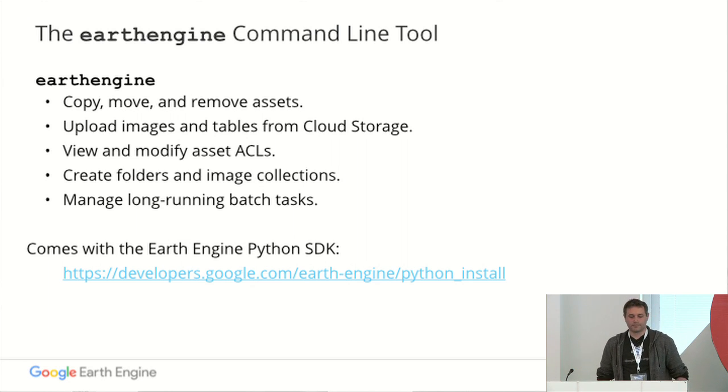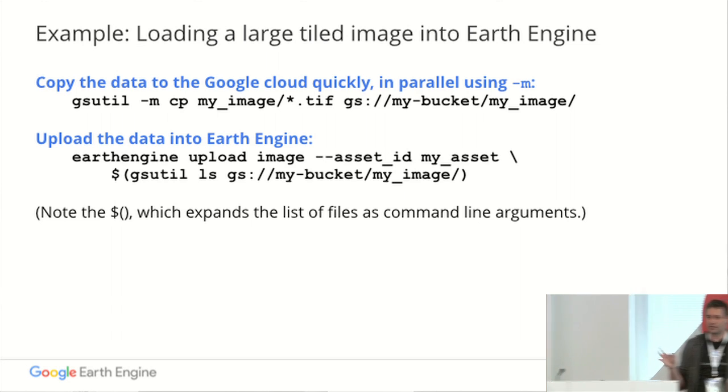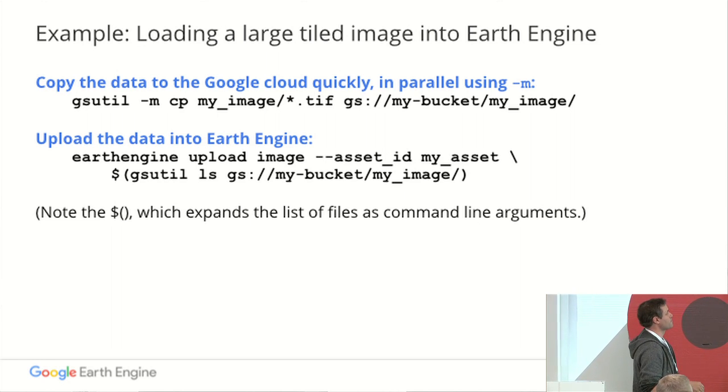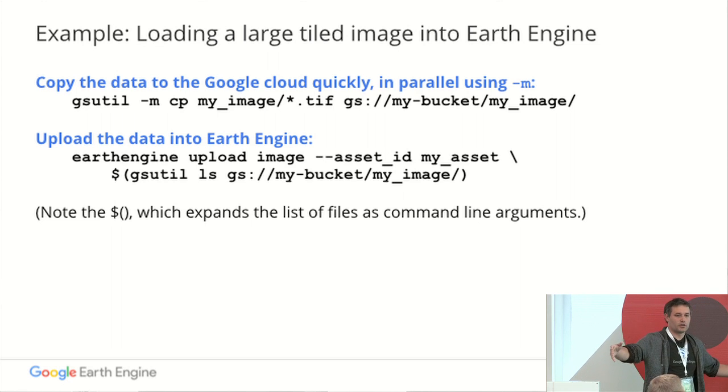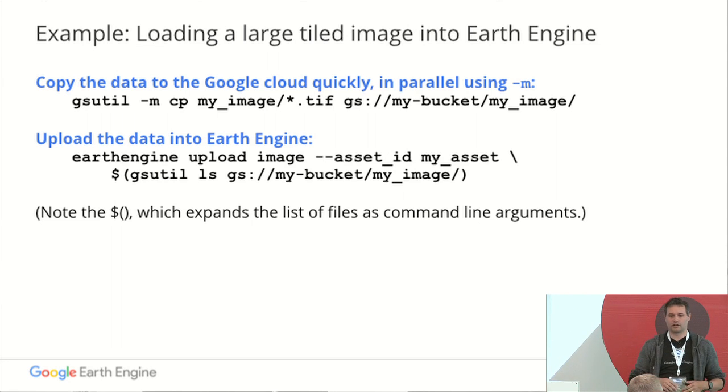So here's a simple example of using the two of them together. Now we're getting to that point in the talk where the important thing here is just the concept of what can be done, and you can come back and copy and paste from these slides in the future if you actually want to try these things. Don't worry necessarily about reading every word on these slides. But the idea is that it's a pretty simple two-step operation. If what I have is a large image that was maybe distributed as a bunch of geotiffs, and I want to get that as an asset in earthengine, this is an easy two-step dance.